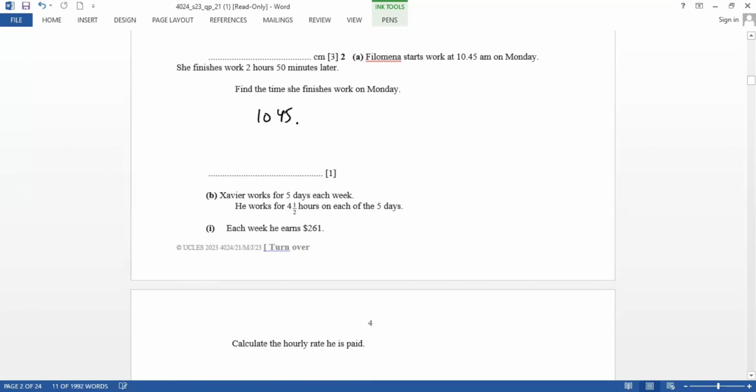She starts at 10:45. So after 15 minutes, it will be 11 o'clock. After 1 hour, it will be 12 o'clock. After another hour, it will be 1 o'clock. Till 1 o'clock, 2 hours and 15 minutes have passed, and we need 2 hours and 50 minutes.